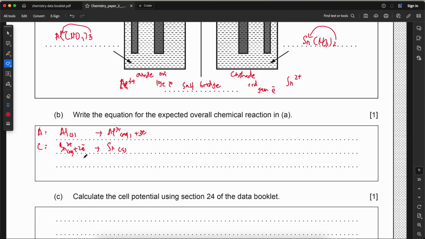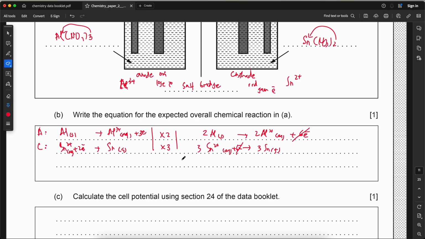The electrons are not balanced, so we multiply by 2 and by 3. So that would be 2 Al producing 2 Al3+ aqueous and 6 electrons. And for this one, 3 Sn2+ aqueous plus 6 electrons produce 3 Sn solid.